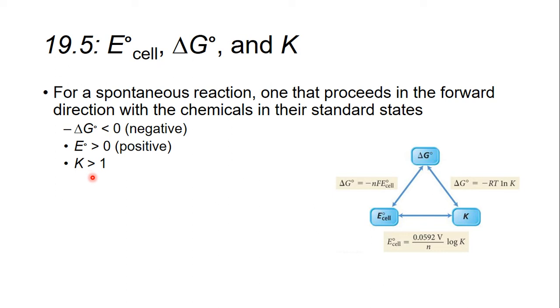So a spontaneous reaction has all three of these. Any one of these means you have a spontaneous reaction. Therefore, if delta G is negative, E cell has to be positive and K has to be greater than 1. And we can actually interconvert between all three of these different variables.